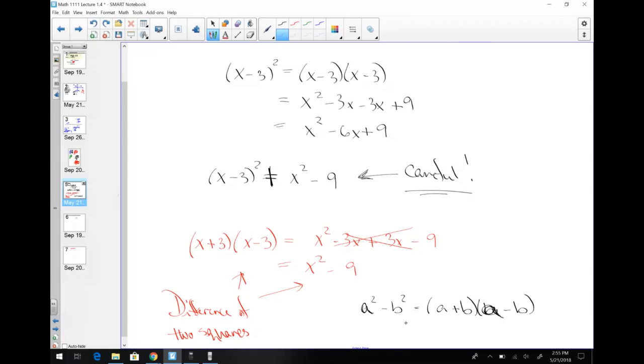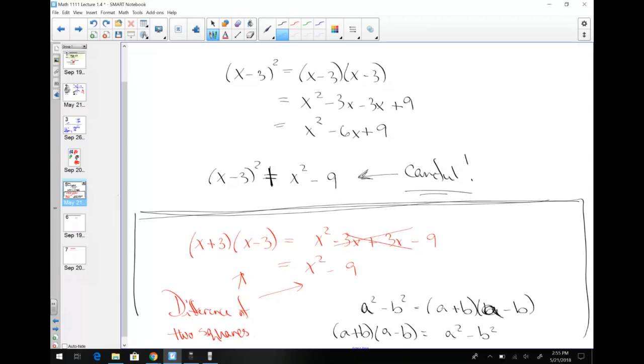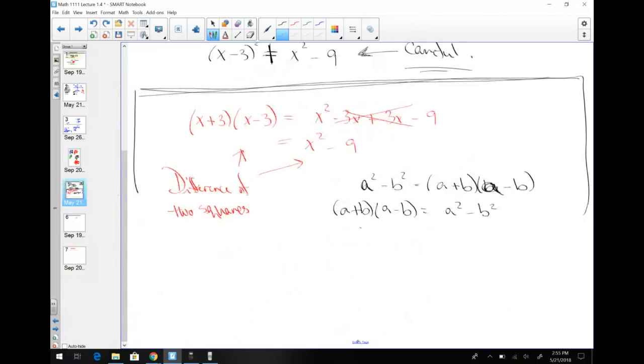And same scenario, you can switch it around the opposite way: a plus b times a minus b equals a squared minus b squared. So let's use this to denote what goes on with those difference of squares with imaginary numbers.